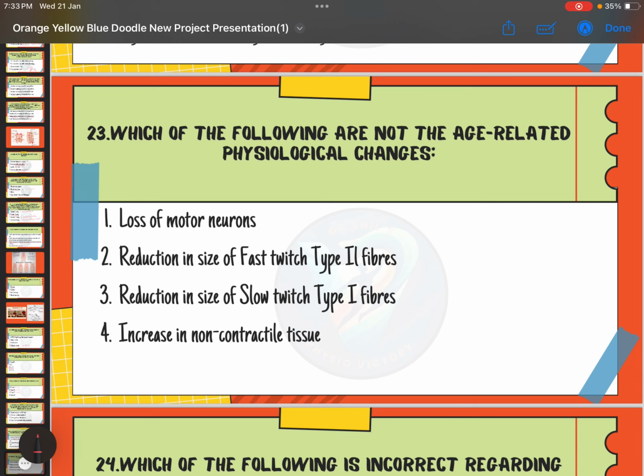Option 1 loss of motor neurons, option 2 reduction in size of fast twitching type, this is type 2 fiber, option 3 reduction in size of slow twitch type 1 fiber, and option 4 increase in non-contractile tissue. Here the correct answer is option 3 reduction in size of slow twitch type 1 fiber.